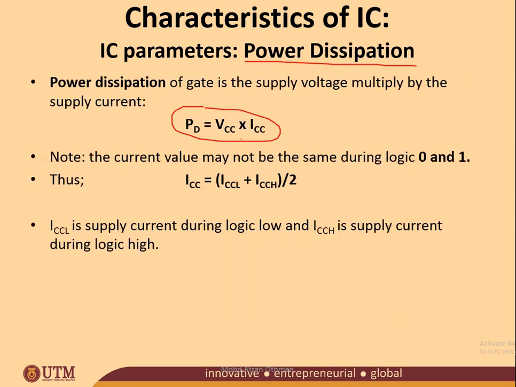Okay, for example here, VCC times ICC. The current value may not be the same during logic 0 and logic 1. This is understandable.